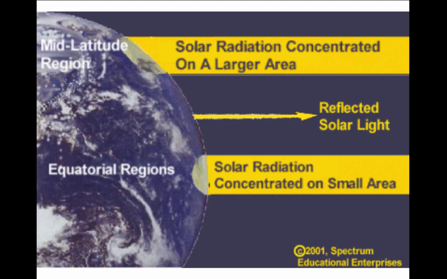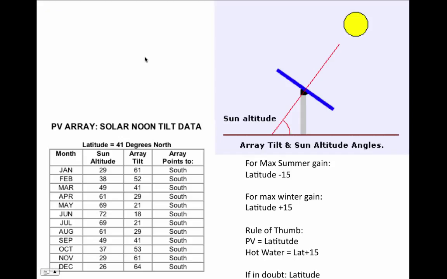And then this is just another way of showing that, where you see that the equatorial regions of the Earth get solar energy in a much more direct way, and the higher latitudes on the Earth get solar energy coming in at an angle, and it spreads over. They don't get as much per square foot. So with all that, what's the best angle to place a solar panel?